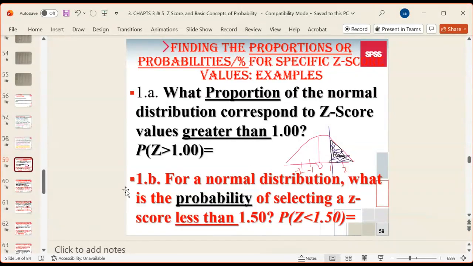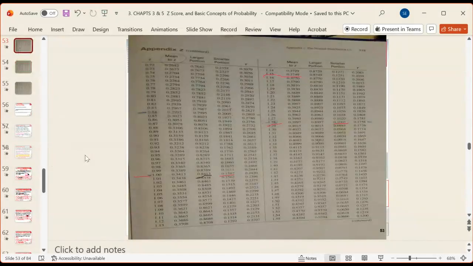What is the body? You go back. Z is 1.5, and look for the value for the body.